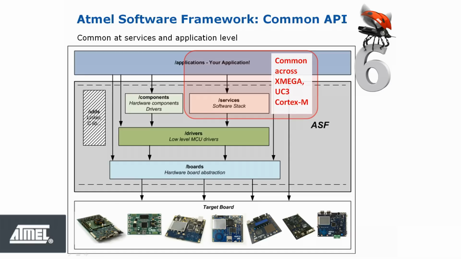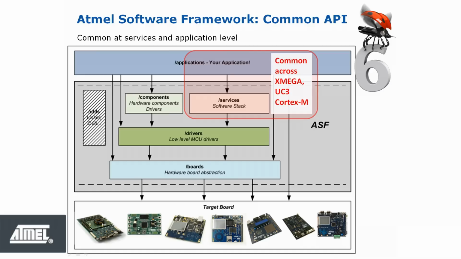We start by looking at the simplest Atmel processor platform change, a Common API example. Our starting point will be an X-Mega application which uses only Common API services from the Atmel Software Framework. Our endpoint will be the same application running on a SAM4S.